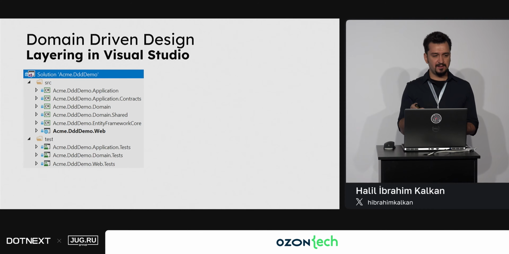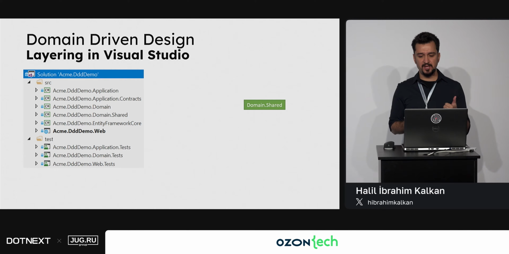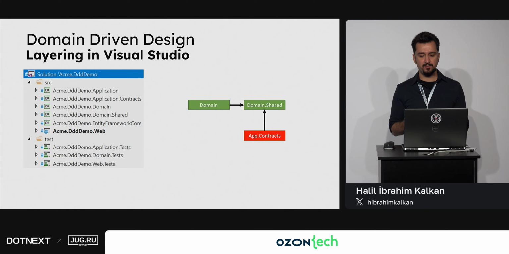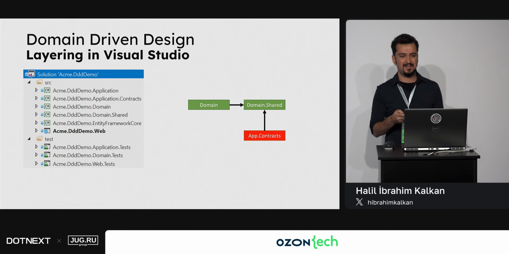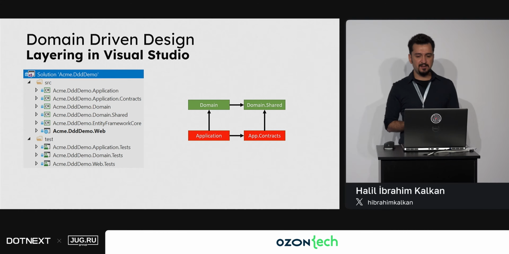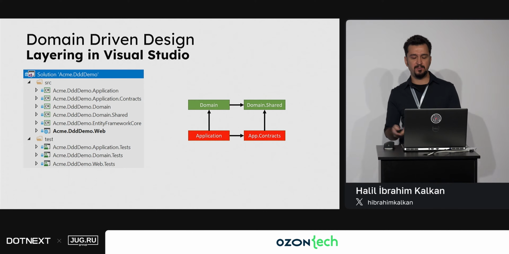Okay, let's also see the relations between projects in this example solution. We have a domain shared package, as I said. The domain uses it, and we have the application contracts package that depends on domain shared, so it can reuse the same enums, constants, and some other primitive types in the data transfer objects and interface definitions. The application layer depends on the domain because it uses domain objects and also implements the application contracts interfaces.